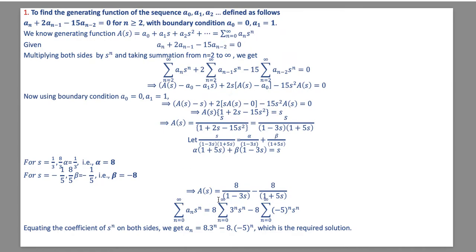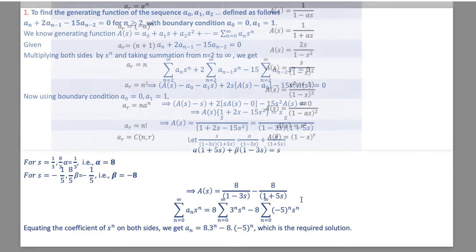So this is equal to 1/8, and the corresponding series is, for 1 upon 1 minus 3s, sigma n equal to 0 to infinity 3 raised to n s raised to n, and for this 1 plus 5s, it is plus here, so sigma n equal to 0 to infinity minus 5 raised to n s raised to n.